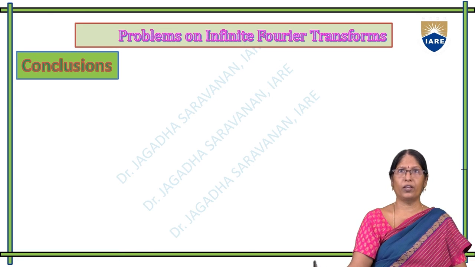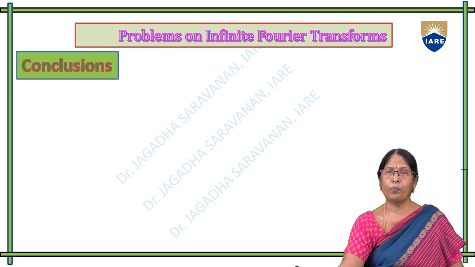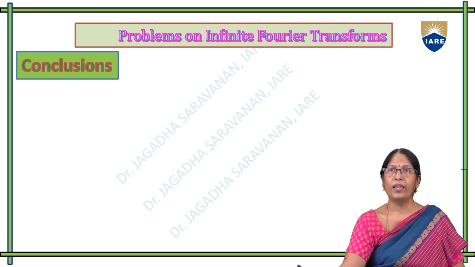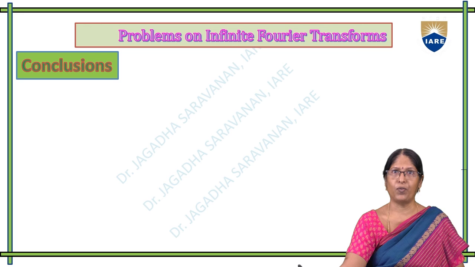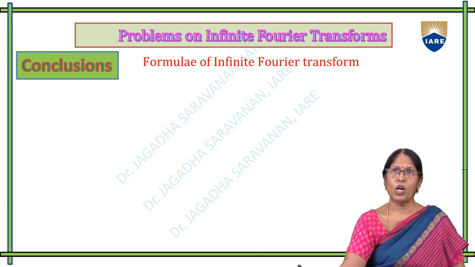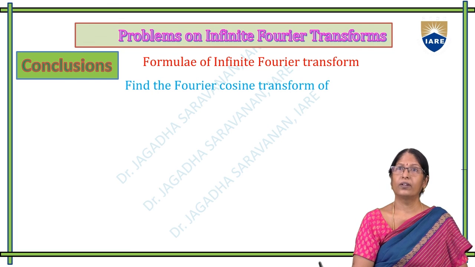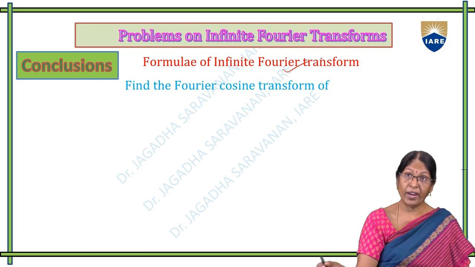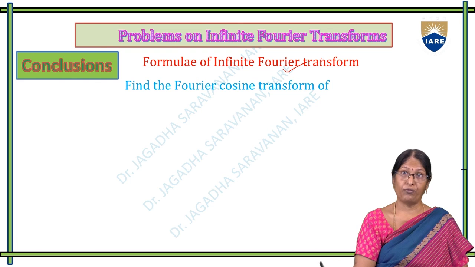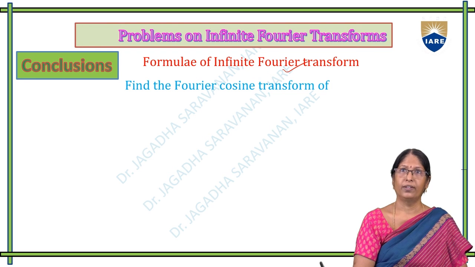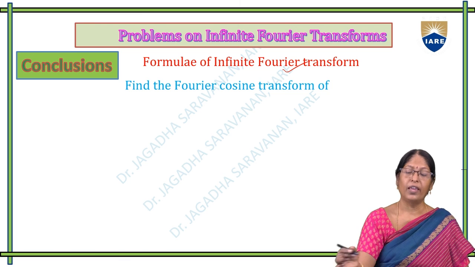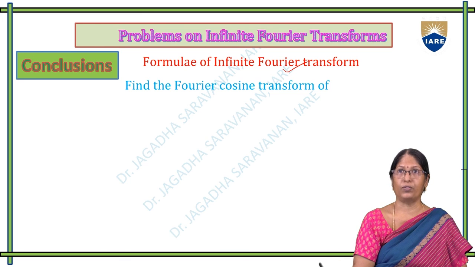So we will come to a conclusion of this topic, problems on infinite Fourier transforms. The formula of infinite Fourier transforms, that we discussed: if x, the range lies between minus infinity to infinity, then it comes under infinite Fourier transform.